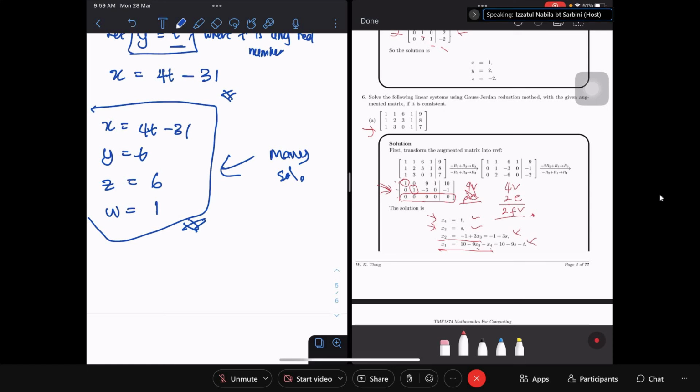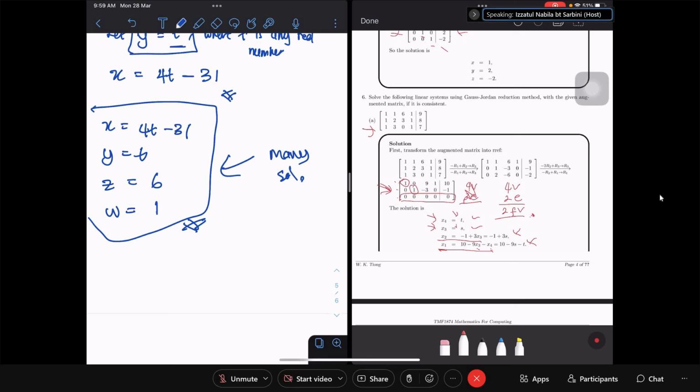So now you have your solution in terms of free variables. You cannot just leave x1 equals 10 minus 9x3 minus x4. You cannot leave it that way. We have to substitute the free variables as t and s. Okay, remember that. So this is many solutions with two free variables.